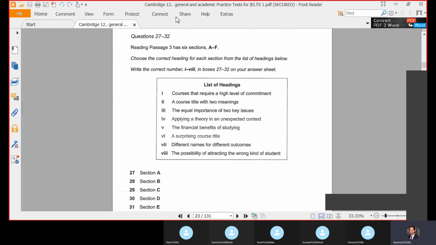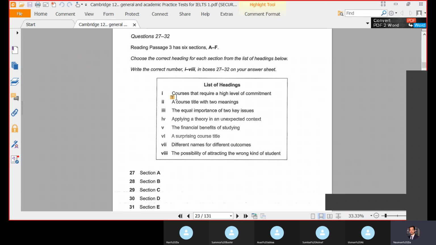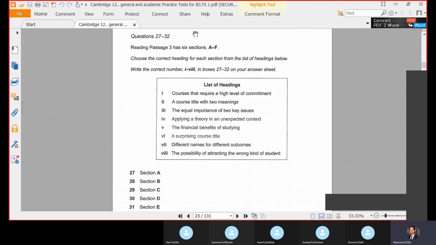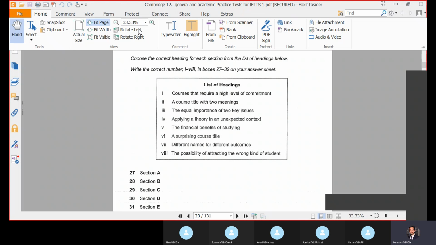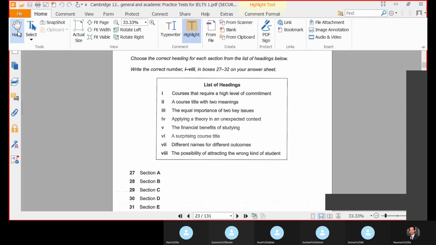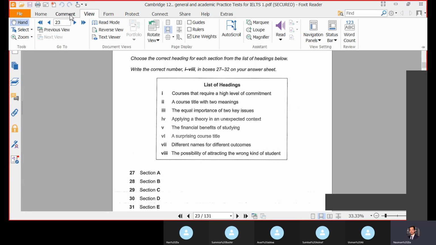And how will we do that? List of headings. First one, courses that require a high level of commitment. First of all, you're looking at the courses and high level of commitment.